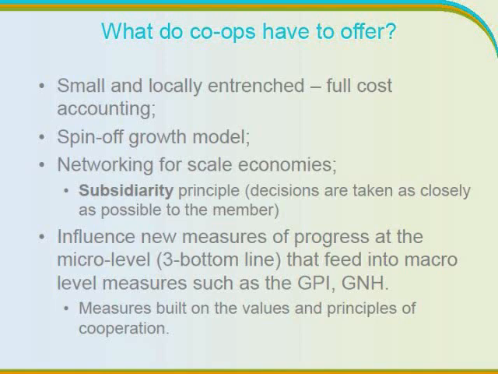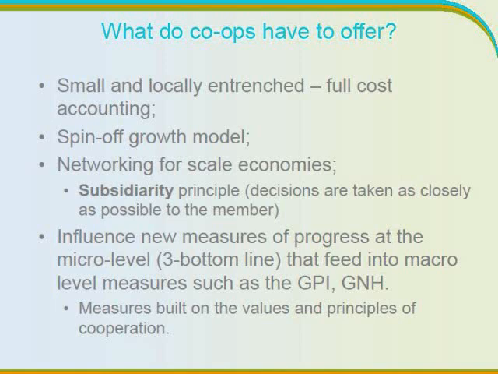So influencing, another thing that the co-op sector or co-ops themselves have to offer, is influencing new measures of progress at the micro level, the triple bottom line, and that feed into then macro level measures such as the genuine progress indicator and the gross national happiness models that Bhutan is now putting into place, for example.